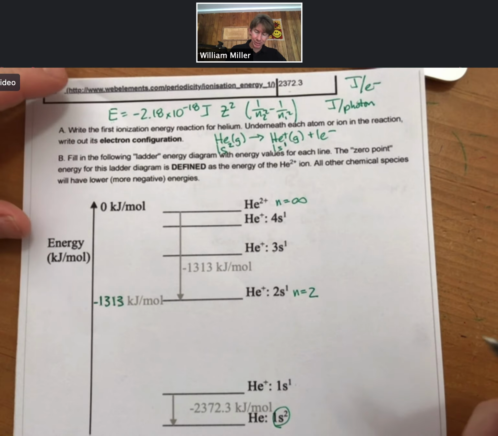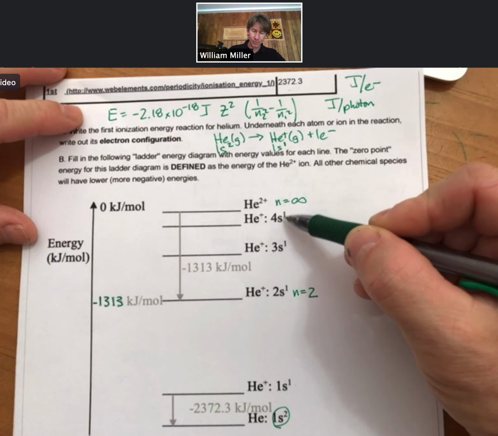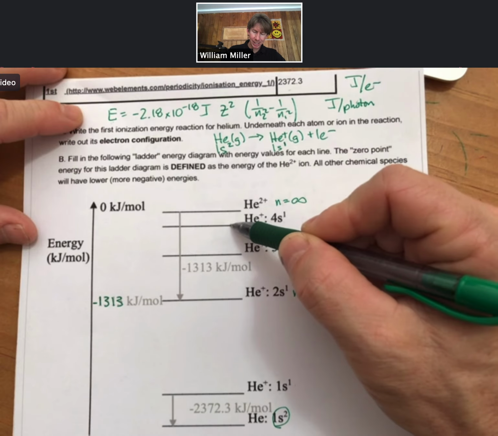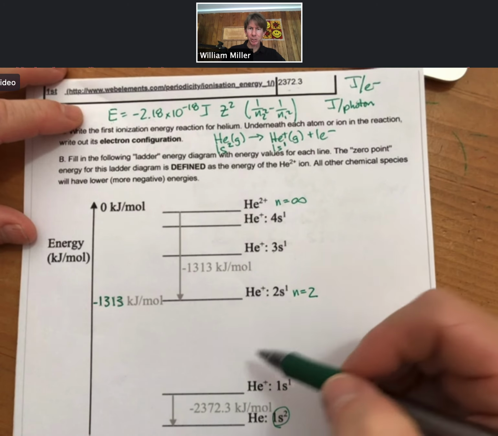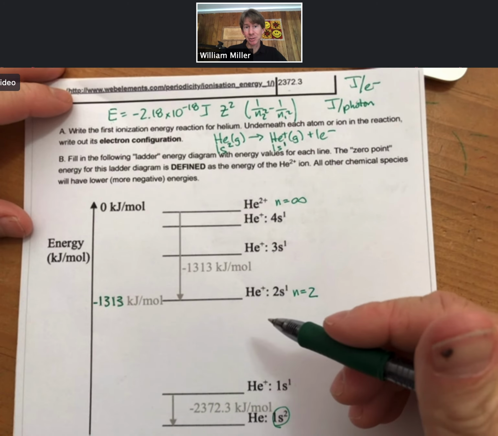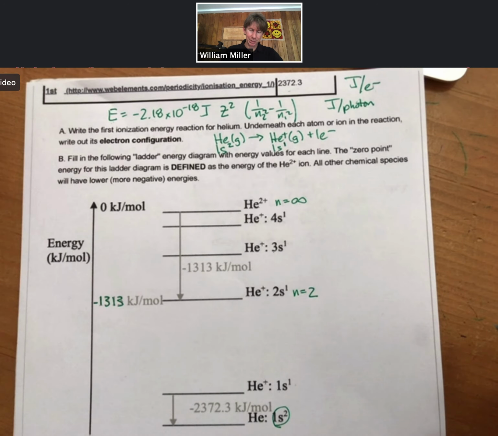There's lots of ways to do it, though. If you were to do n equals infinity to n equals 4 and just measure this, and then 4 to 3, and then 3 to 2, and then 2 to 1, you would keep getting the same answers just by adding or subtracting different numbers.